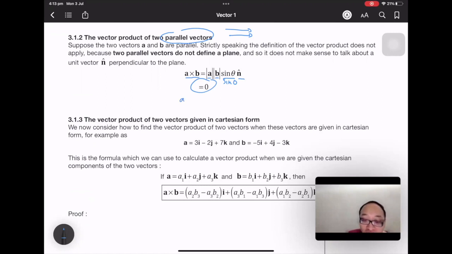So A cross B equals 0, indicating parallel vectors. If you want to find perpendicular vectors, you use the dot product or scalar product. But if you want to find parallel vectors, we use the vector product or cross product.